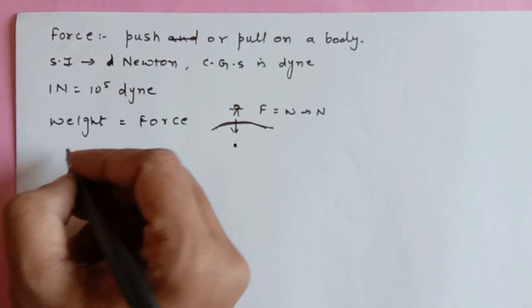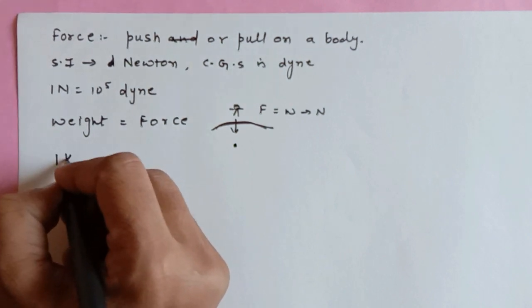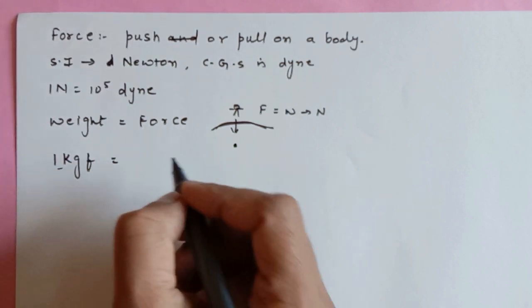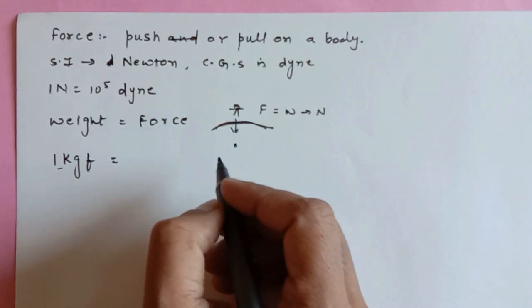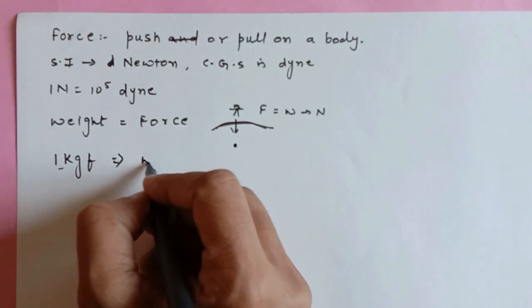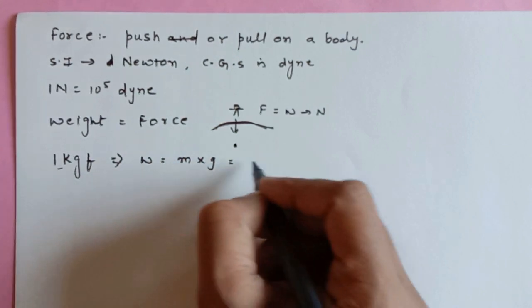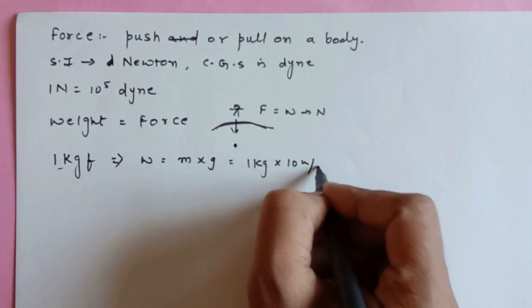Now we have another force unit which is called 1 kgf. 1 kgf means the force exerted by the Earth on a 1 kilogram object. So the weight of a 1 kilogram object is given by mg. m is 1 kilogram, g is approximately 10 meter per second square.